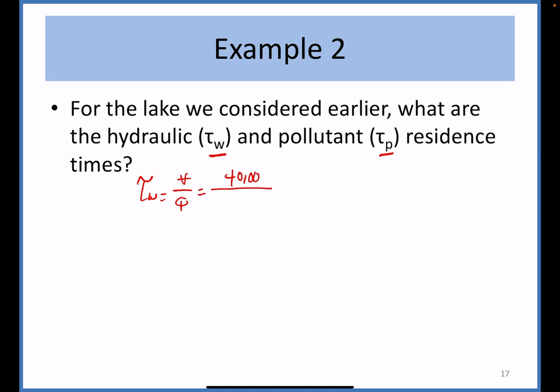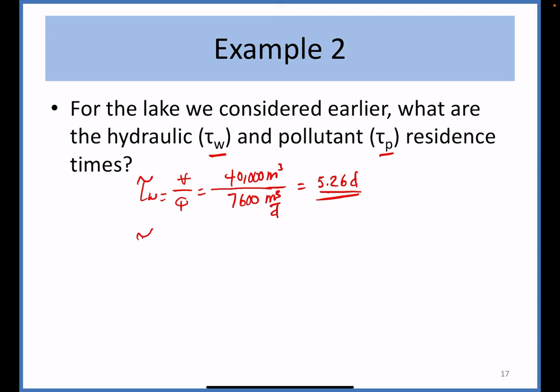It was given in the example, and Q was also given, 7,600 meter cubic per day, and this would give you 5.26. So this is how much the water will stay inside the CSTR, 5 days and 0.26 of the day.